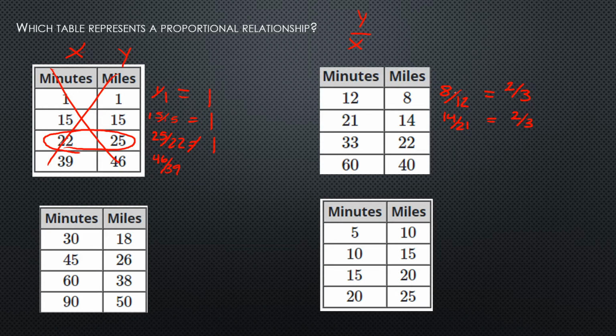On this top one here, I can divide top and bottom by 4. And on this second one, I divide top and bottom by 7. If I do 22 over 33, this gives me 2 over 3. I'm dividing top and bottom by 11. And on the very last one, 40 over 60, this also gives me 2/3, which means that this table here is going to be proportional because all of these ratios simplify to the same exact fraction.